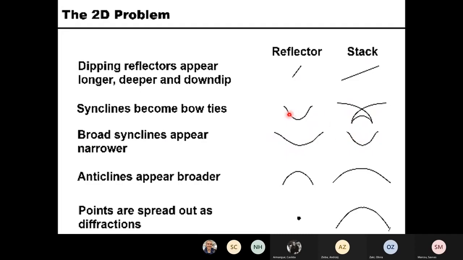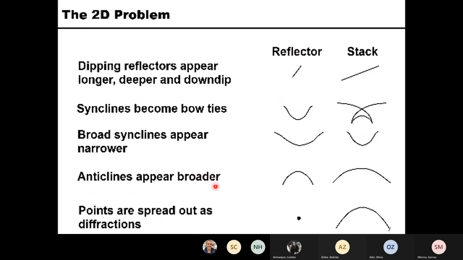So a too-narrow syncline becomes a bow tie, but a wide syncline becomes a narrower syncline. You can easily use forward modeling tools to generate the seismic image for zero offset.